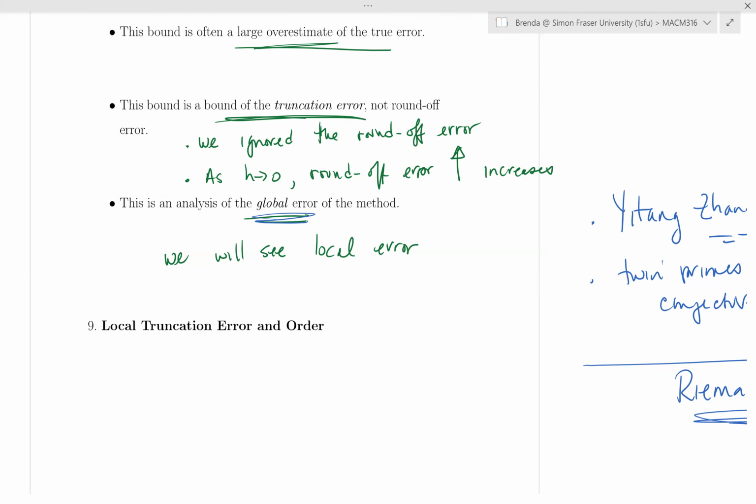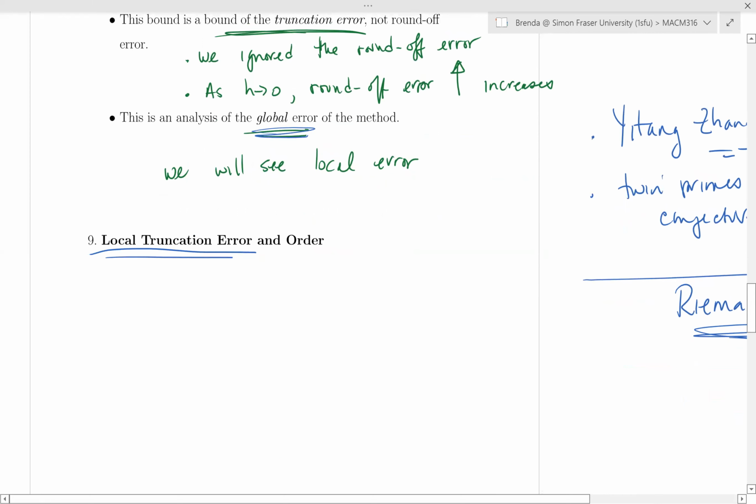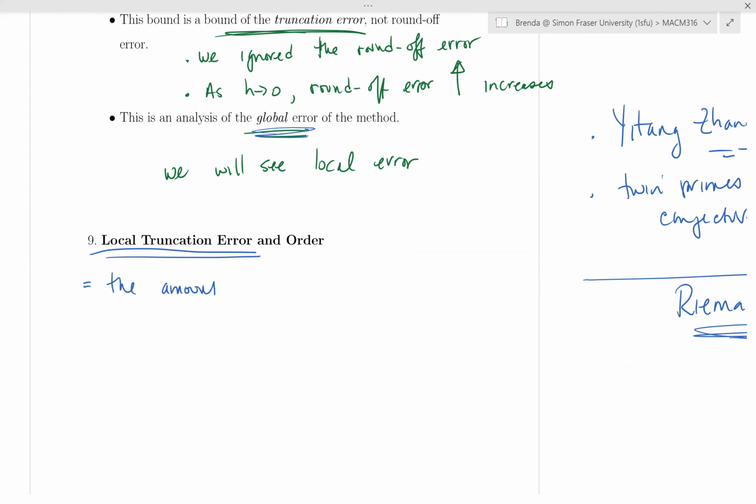So we are going to look at local truncation error and order. What does this mean actually? Let's define what local truncation error is. It's a little difficult maybe to wrap your head around, but it is equal to the amount by which the exact solution fails to satisfy the approximation, which is a difference equation.